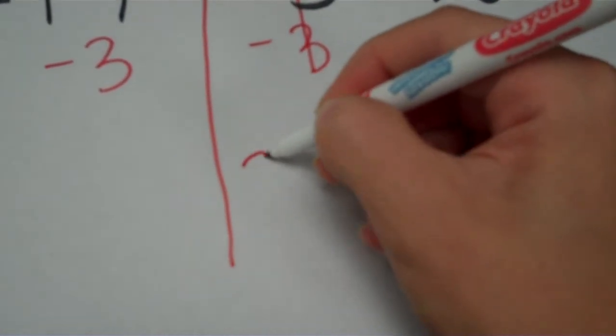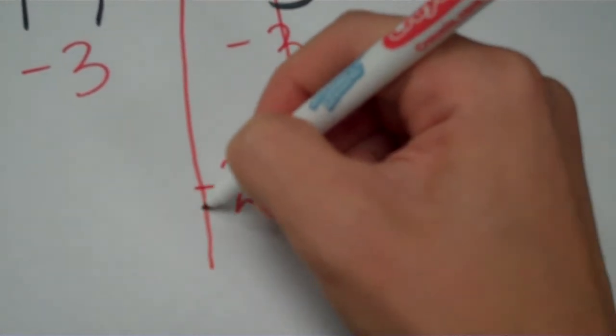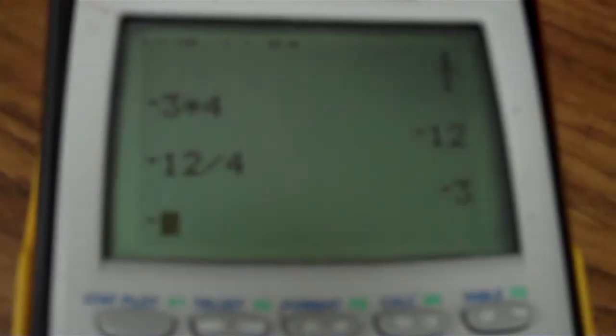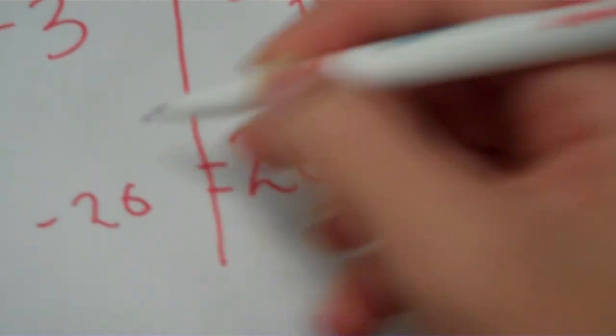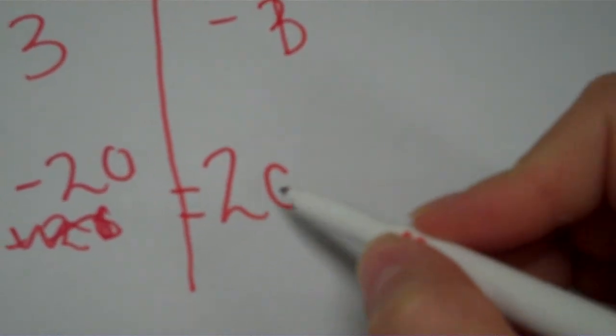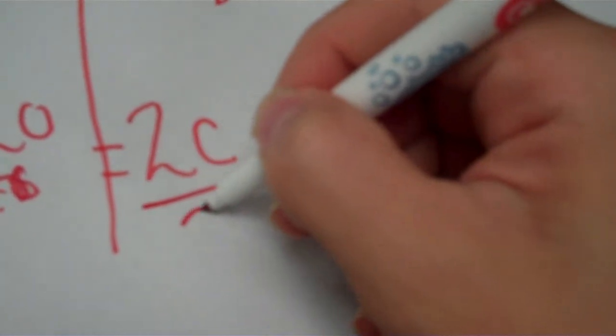And a positive 2c comes down. And then do negative 17 minus 3. Negative 17 minus 3 is negative 20. That is a horrible 20. Let me write it. Negative 20. There you go. Okay. Now, what is the opposite of multiplying by 2? Is dividing by 2.